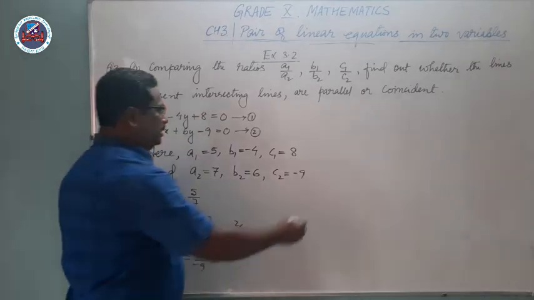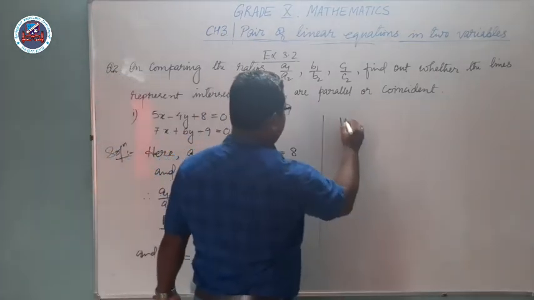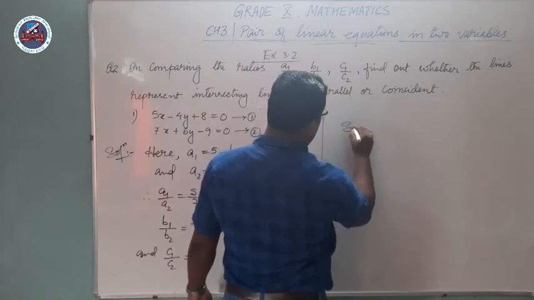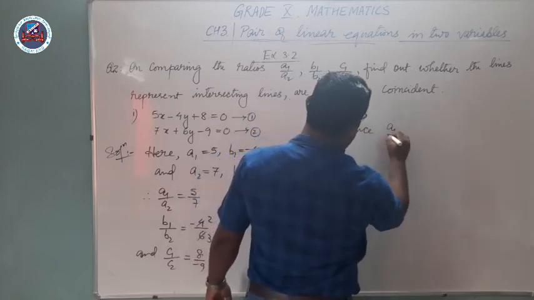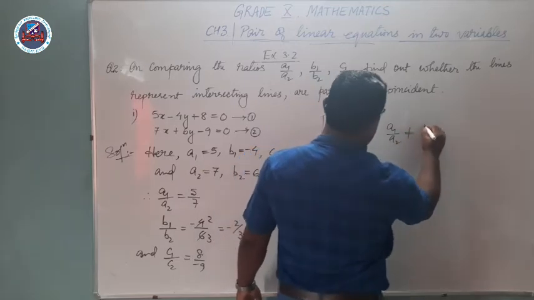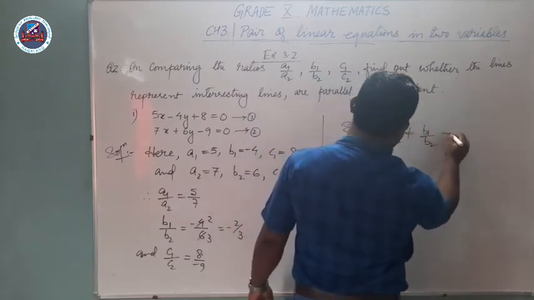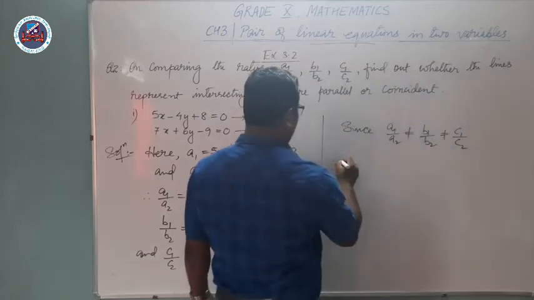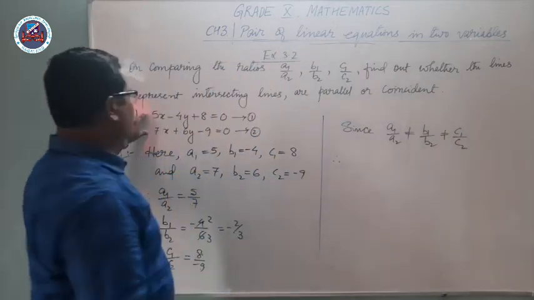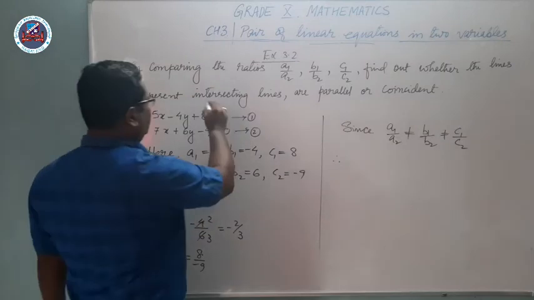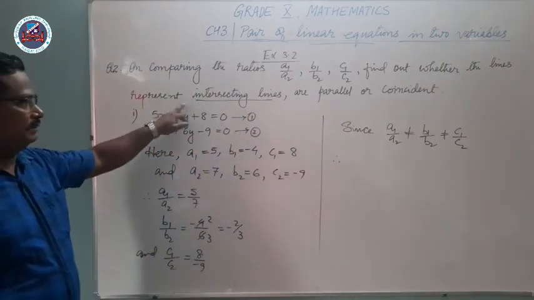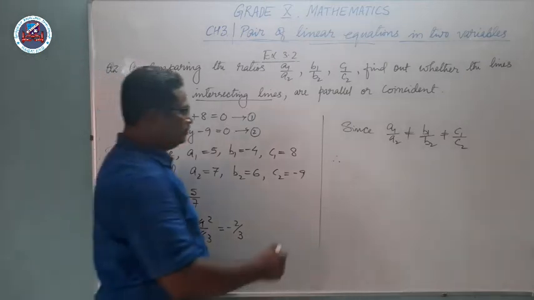So you can conclude it like this: since A1 by A2 is not equal to B1 by B2, which is not equal to C1 by C2, therefore the given pair of linear equations has intersecting lines. So you have intersecting lines.